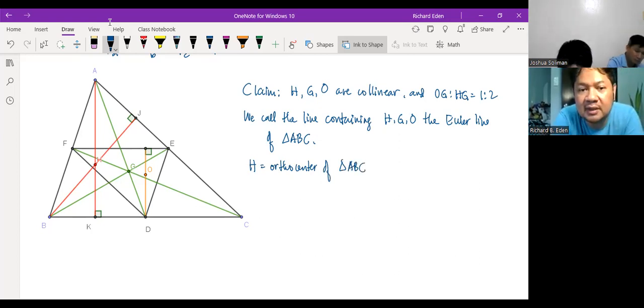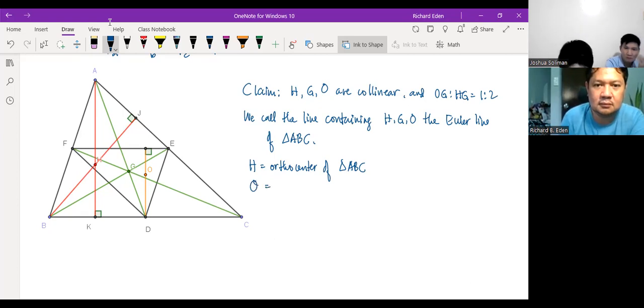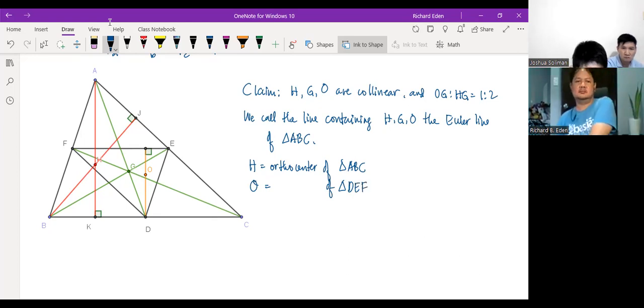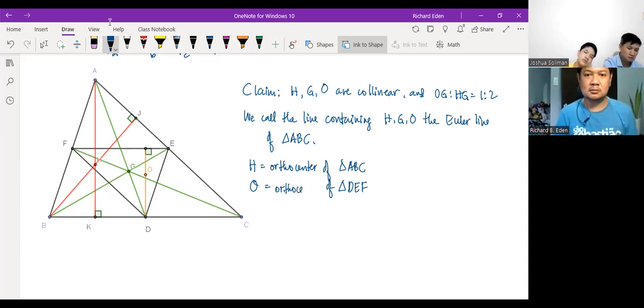Now, O is the orthocenter of ABC, but what is the role of point O in triangle DEF? It's the orthocenter. So H and O correspond to each other.